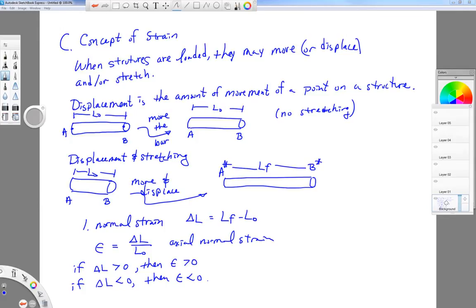But if the bar gets shorter, if delta L is less than 0, then the strain is negative. We can also look at the units of strain. Like a percentage, there are no units associated with this. You can have inches per inch, which cancel out to give you no units. So strain is a unitless measure. So let's put that in here as a note.